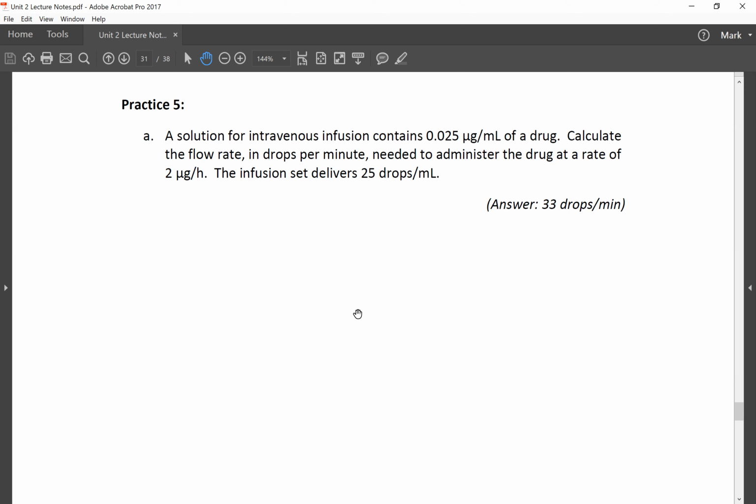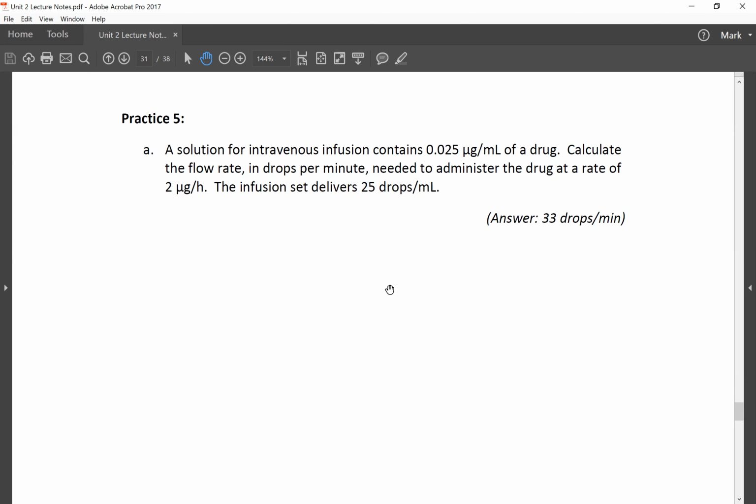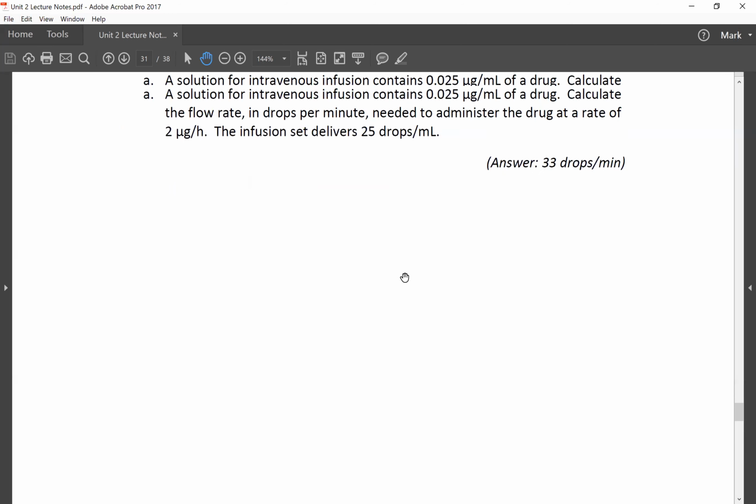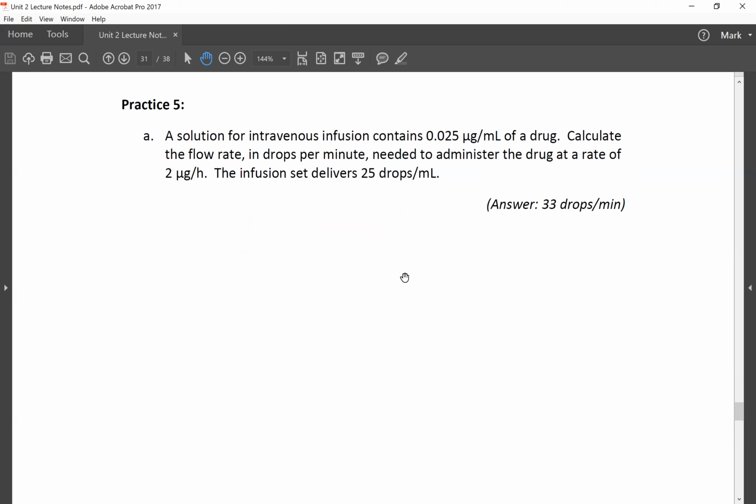So how does this one work? First thing, let's read the question together and I'll outline some of the important information. This one's actually a good warm-up because question A is pretty easy, and question B is a little bit more difficult. A solution for intravenous infusion. Remember how this works: somebody has a bag of solution hooked up to them through a drip into their bloodstream.